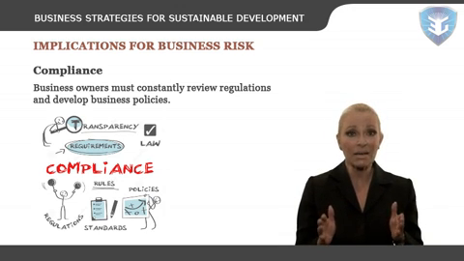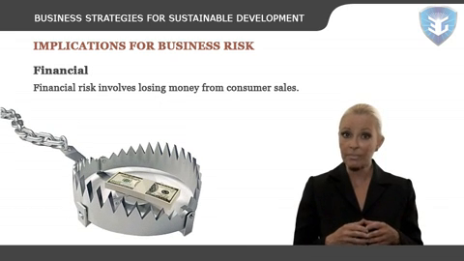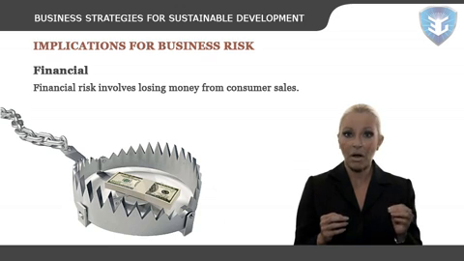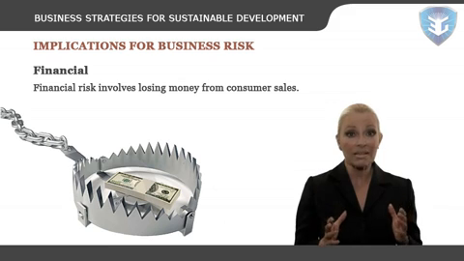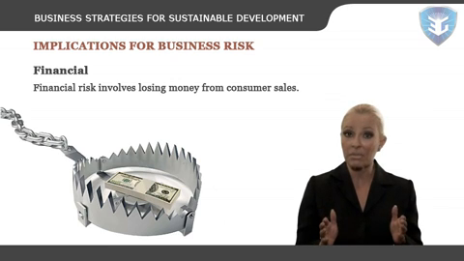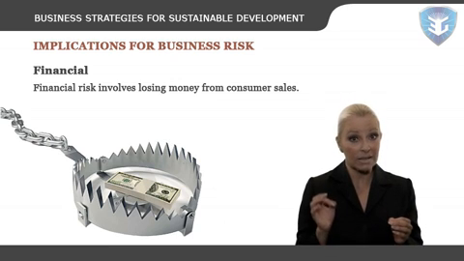Small businesses may need to spend more capital and resources on changing operations to comply with new regulations. Financial. Financial risk involves losing money from consumer sales or facing strict credit requirements. Business owners may sell inventory or other items to consumers at reduced prices in an attempt to make money to pay business expenses.